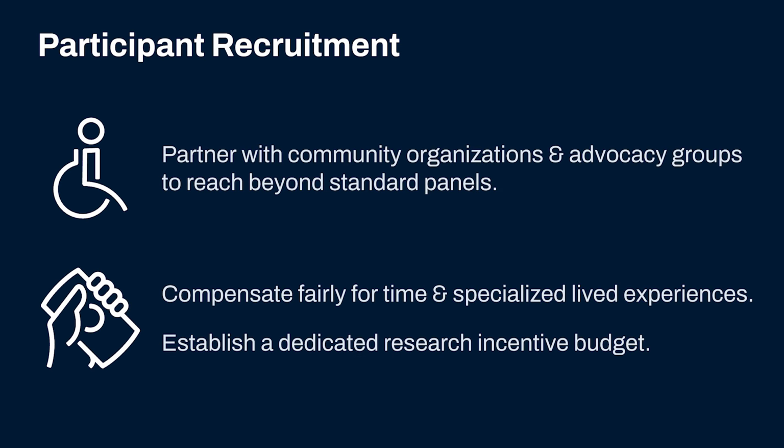We have to stop relying solely on generic panels. If you keep fishing in the same pond, you'll catch the same fish. We need to actively partner with disability advocacy organizations because these groups have deep knowledge and lived experience that can inform our research. They're a trusted pathway to recruit diverse participants, and they ensure that our samples are actually representative.